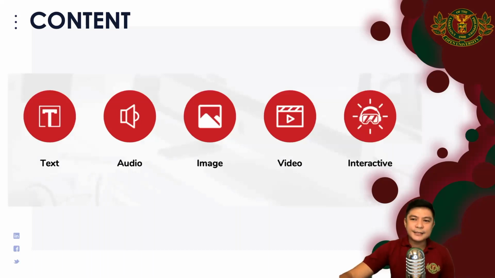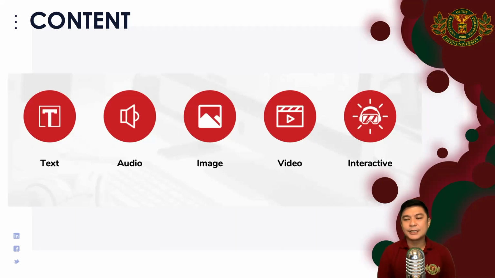And then content. Similarly, these are the five content types that you need to be mindful of when you're starting an e-commerce business. Focusing on the text that's for the description. So description for your pages, for your products is a critical component for you to be read by search engines, Google.